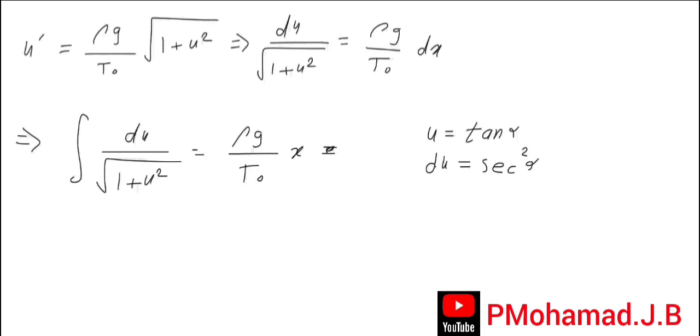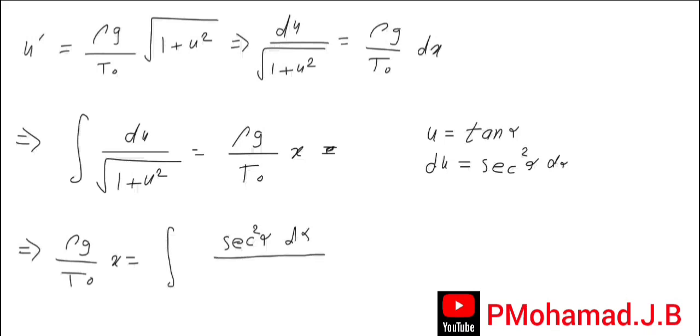If you replace this, you will have rho g divided by T0 x equal to the integral of secant squared alpha d alpha, and the denominator is radical 1 plus tangent squared, which is radical secant squared, which is secant to the power of 1, and the secants cancel each other.